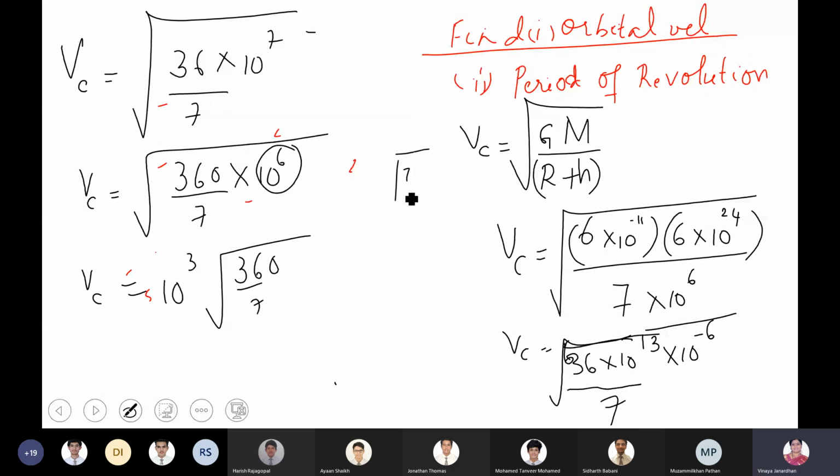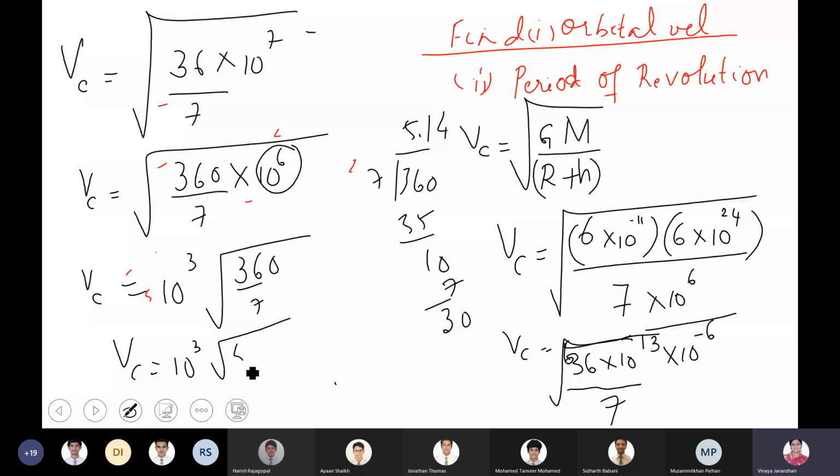So 360 divided by 7 is about 51.4. So VC becomes 10 to the power of 3 into square root of 51.4.